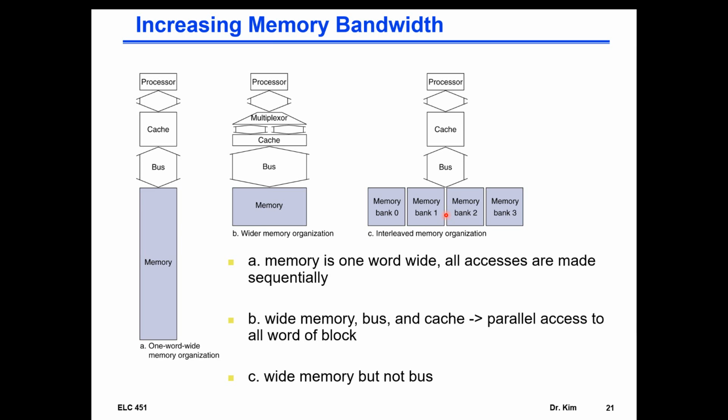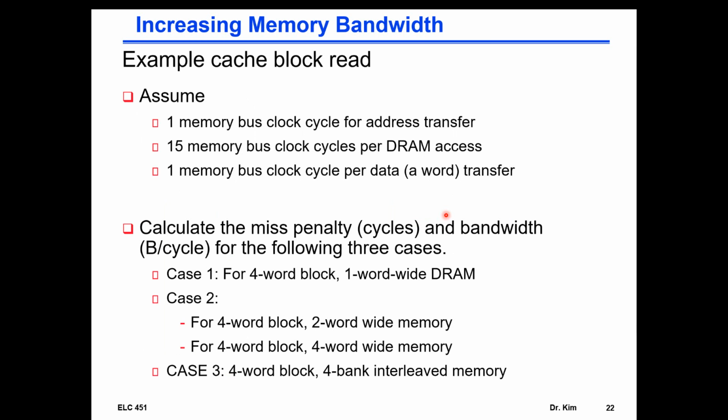So let's look at some examples for this. Let's say that we have one memory bus clock cycle for address transfer. And let's say that the DRAM access is 15 memory bus clock cycles.